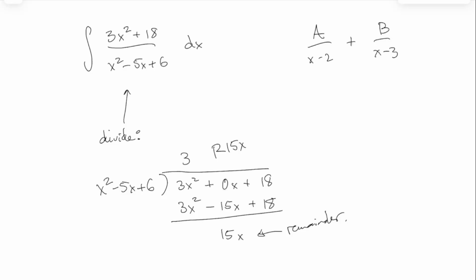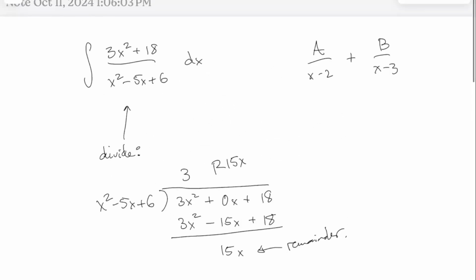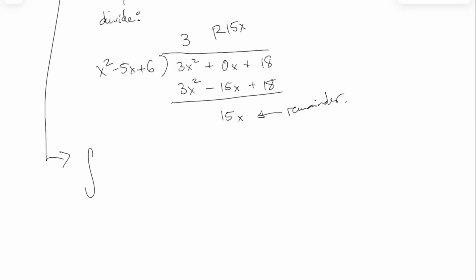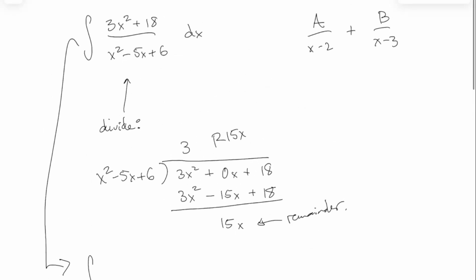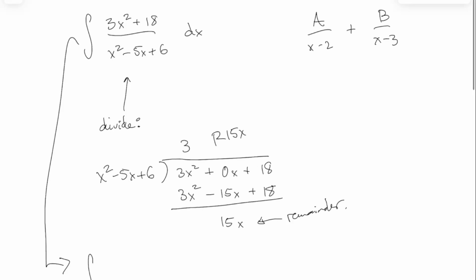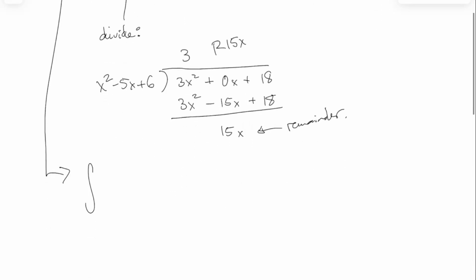What that means is the answer is 3 plus an extra bit of 15x over this stuff. So having done the long division, that whole integral translates to what the numerator was. Well, I don't care what the numerator was anymore. It is now 3 plus 15x over x squared minus 5x plus 6, like that.